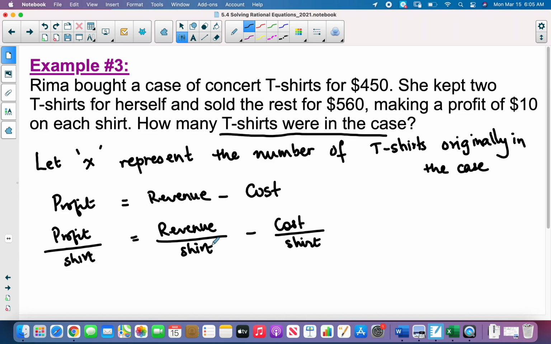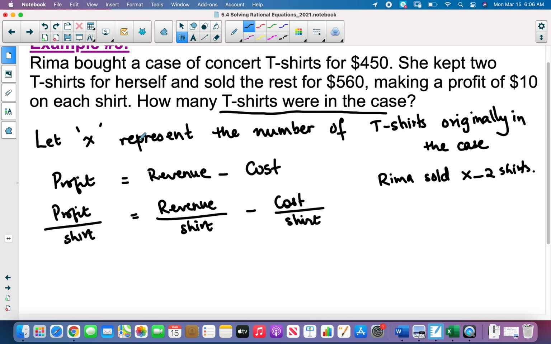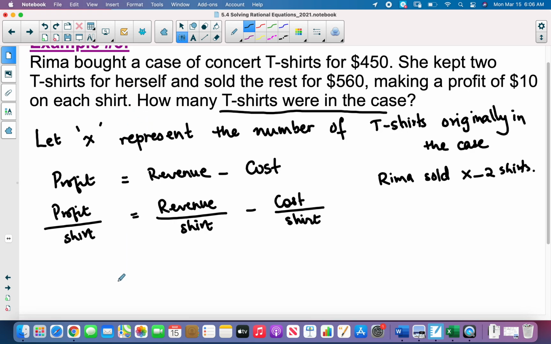So in this case, how many shirts did she sell? Rima sold x minus 2 shirts because she kept 2 for herself, right? So when we try to find the profit, it says she made a profit of $10 on each shirt. So this profit per shirt is exactly $10, right?